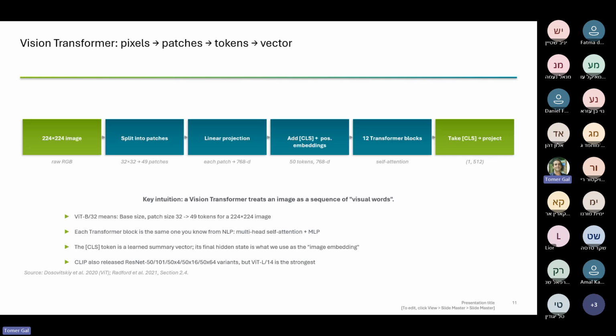And the CLS token is a learned summary vector, which is what you eventually use for the image embedding. They also released other backbones that use ResNet variants, etc., but the vision transformers were the strongest, at least back then, in 21. Okay, any questions about it?